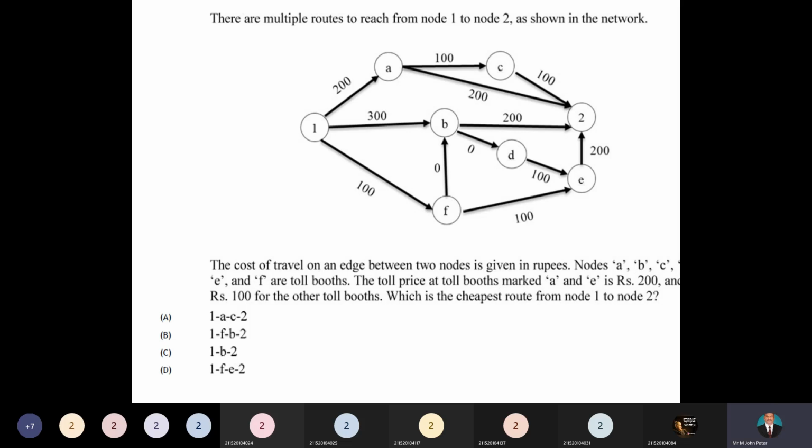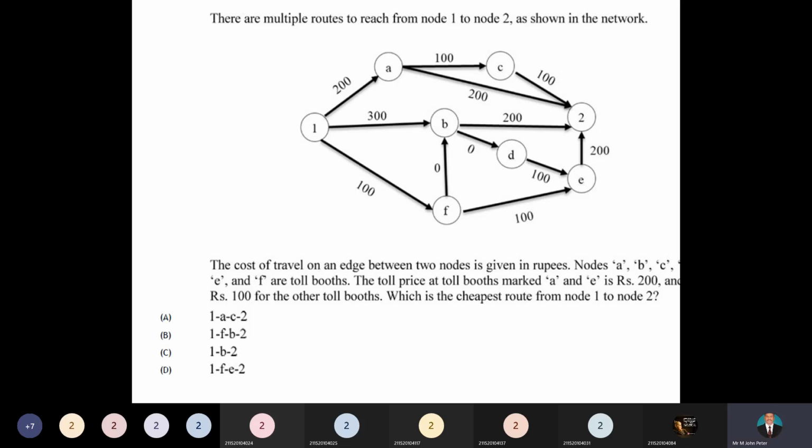Nodes A, B, C, D, E, F are toll booths. The toll prices at all toll booths marked A and E is 200 rupees and 100 rupees for all other toll booths. Which is the cheapest route from node 1 to 2?